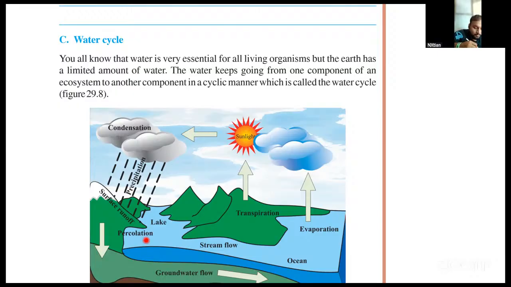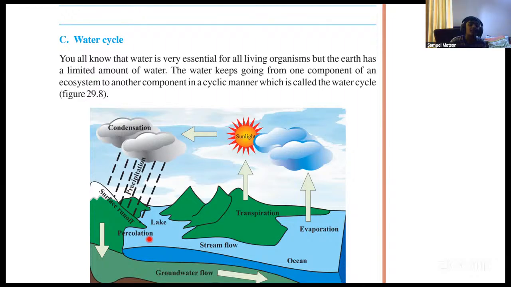Now here one term is written: percolation. So Sam, what is percolation? I'm not fully sure what percolation is. So what you can see in the diagram, you can tell that it is percolation. So the water sometimes falls on mountains, and when it comes down from the mountains into the rivers, it's called percolation.